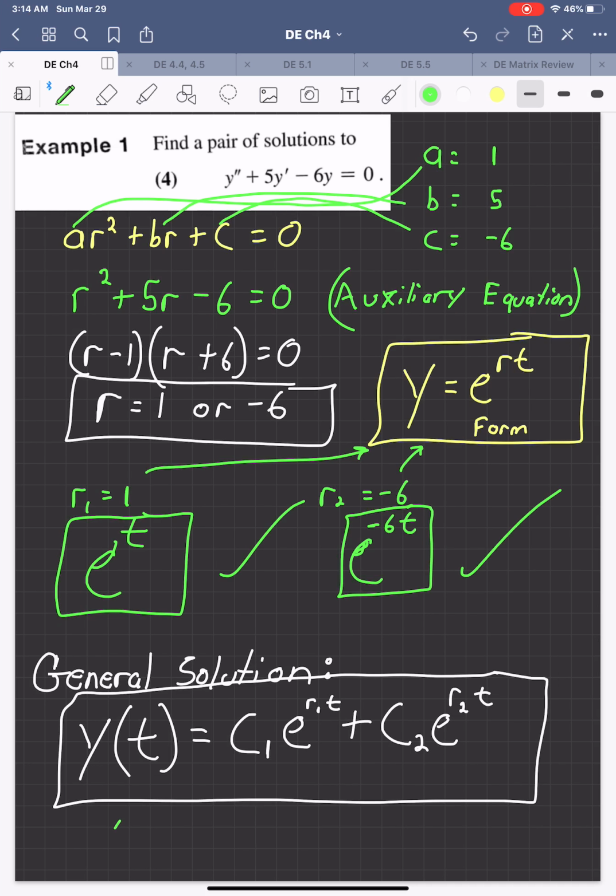So in this case, y of t would be equal to c sub 1 e to the, now r sub 1 is equal to 1, so this would be e to the power of t, plus c sub 2 times e to the power of, in this case, r sub 2 is negative 6, so this would be negative 6t. All right, so that would be the general solution to the second order differential equation for example 1.